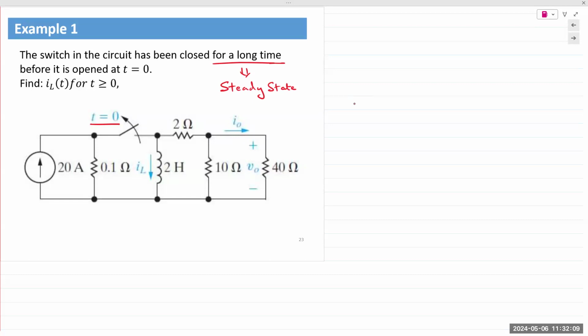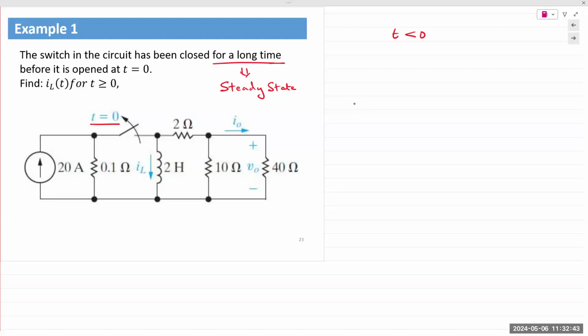In this case, since the switch was closed for a very long time, we can draw the circuit for time t less than 0, meaning how did the circuit look before the switch was flipped open? We are not analyzing for the time before the switch was open, but we do need to know the circuit conditions in order to set up our analysis.